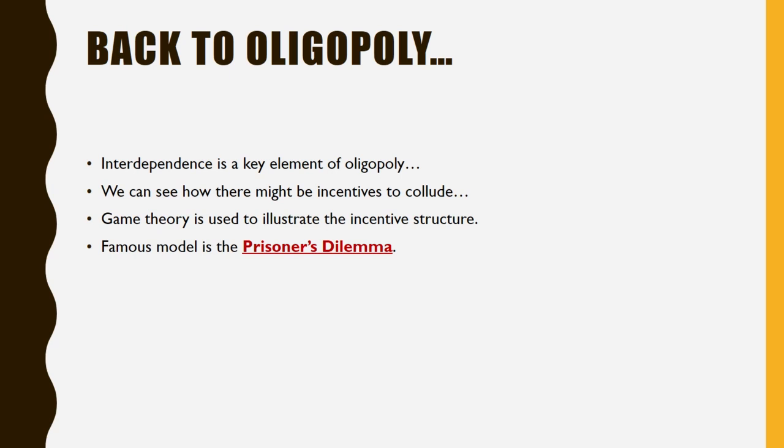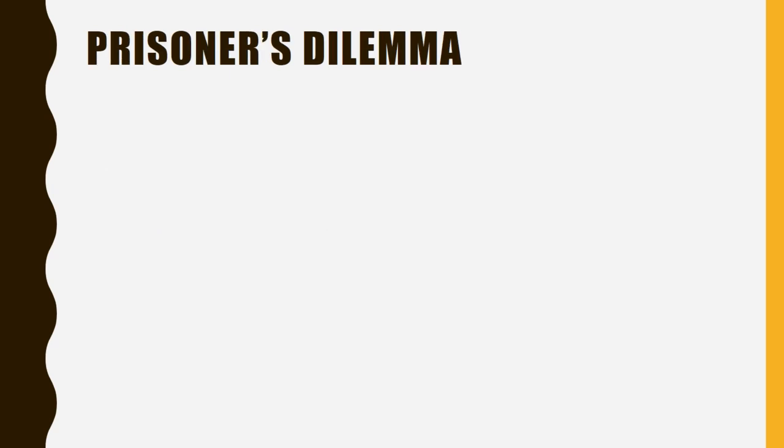All right, so the prisoner's dilemma. Now, we're going to start by talking about just the basic prisoner's dilemma model, but then we'll look at it in the context of firm behavior. So let's say that two people commit a crime, and they both get caught. So they both are now apprehended.